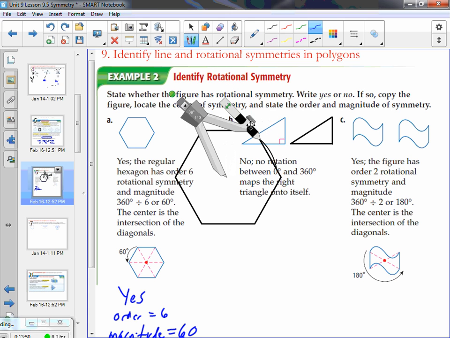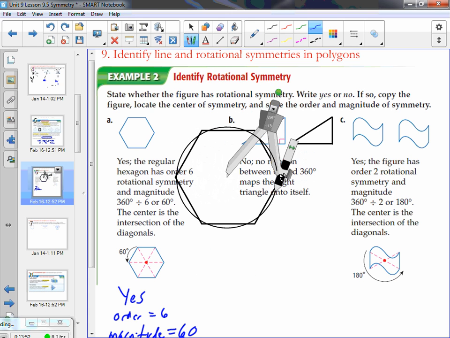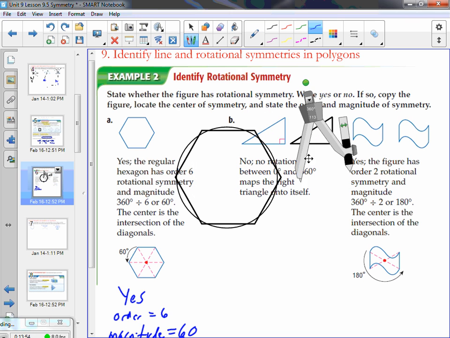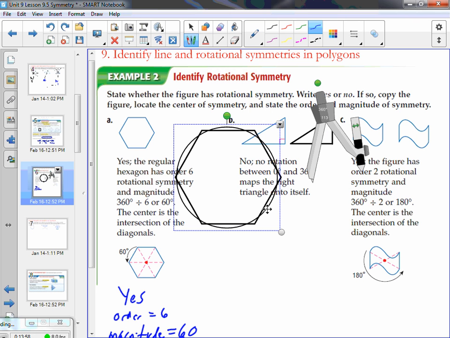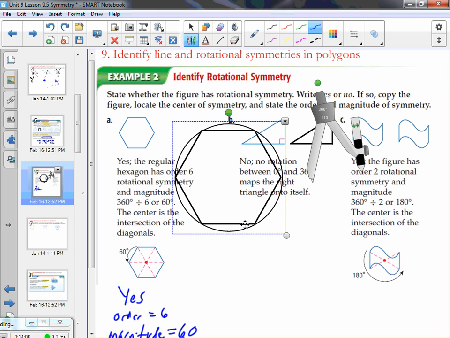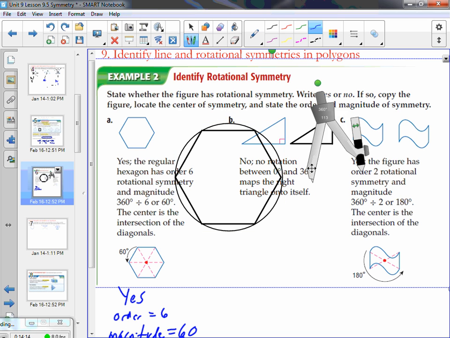Look at how close that is. All right, so that'll have to do. That's pretty good.